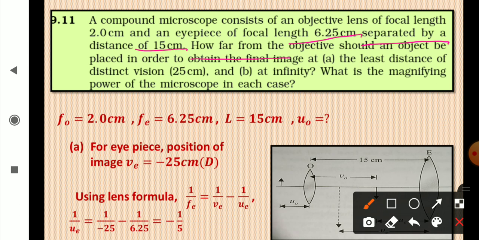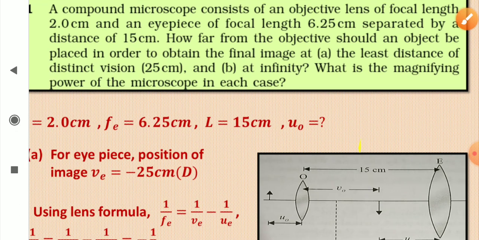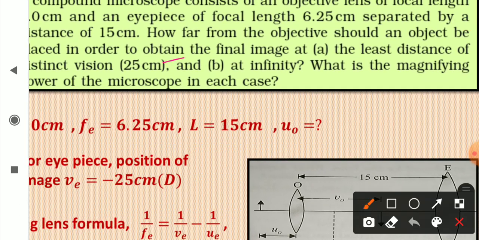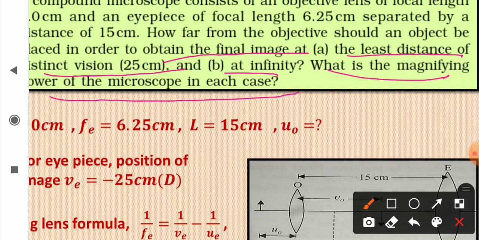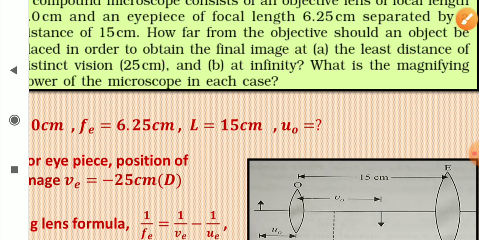How far from the objective should an object be placed in order to obtain the final image at the least distance of distinct vision 25 centimeter and at infinity, and what is the magnifying power of microscope in each case?